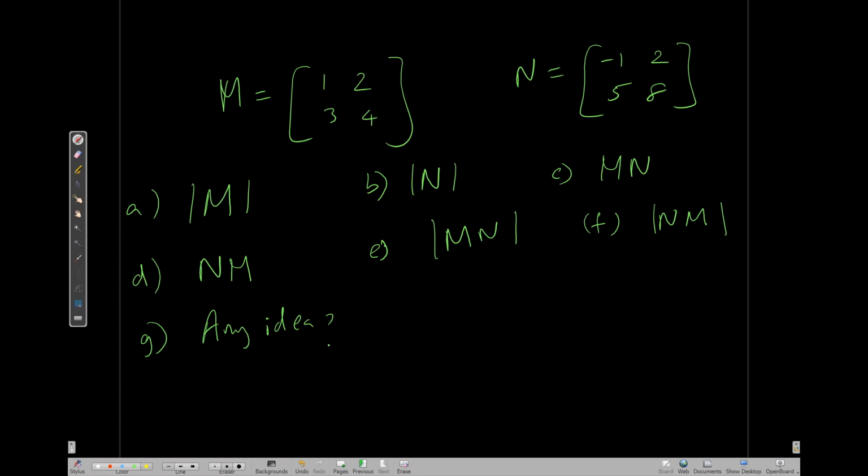Okay, assuming you have done that, let's do it quickly. Determinant of M, 4 into 1, 4 minus 6, so minus 2. Determinant of N, negative 8 minus 10, so negative 18. Now the matrix MN.